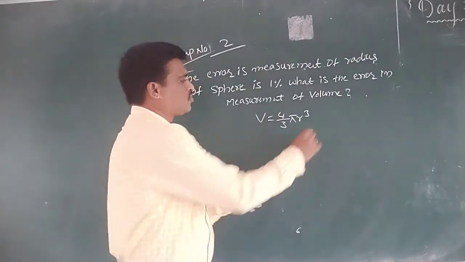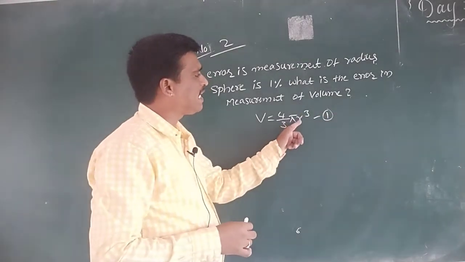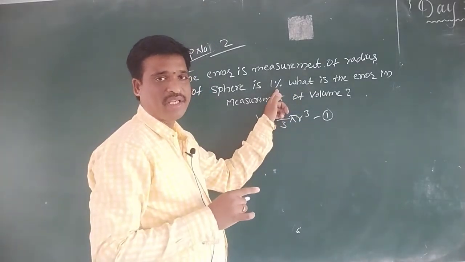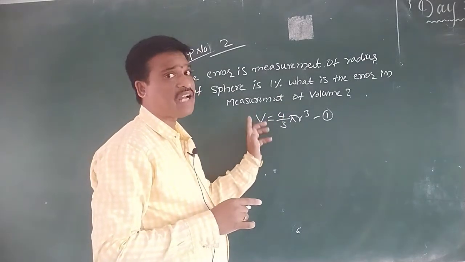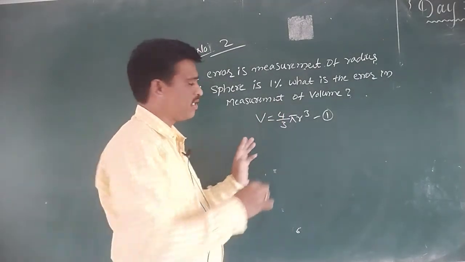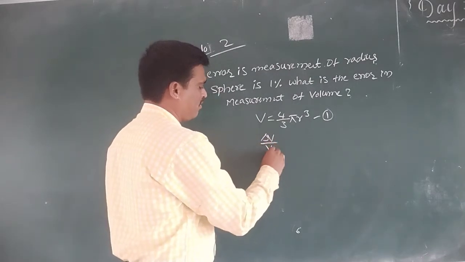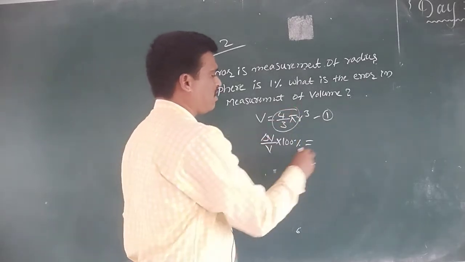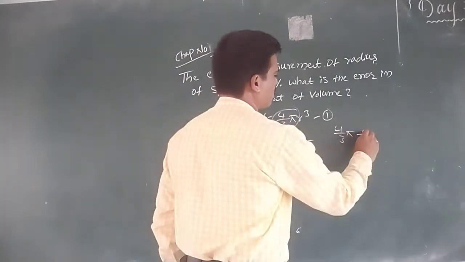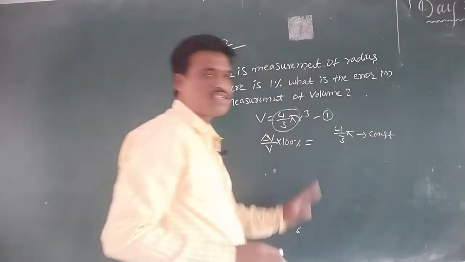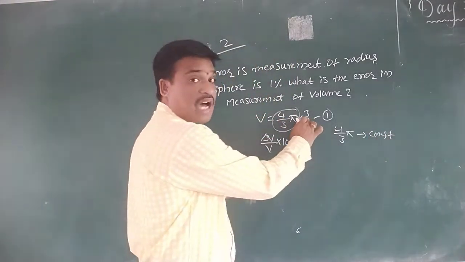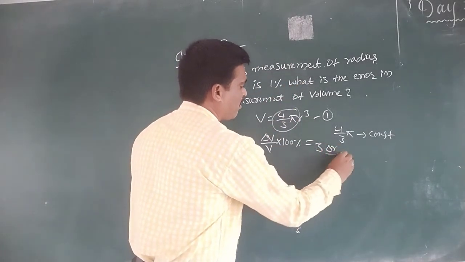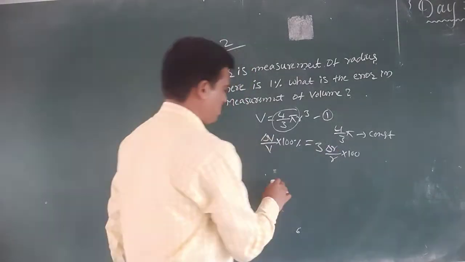The radius error is given as 1%. Here, differentiate on both sides. Delta V by V into 100% is equal to 4 by 3 pi, which is constant, so we keep it. What remains is r cube, so it becomes 3 into delta r by r into 100%.